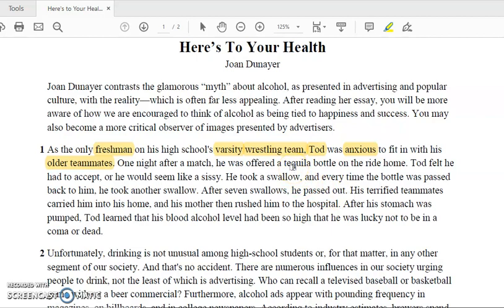Now, just looking through paragraph 1 a little more, a few other keywords that could have been circled. Let's look at also maybe the word tequila there. Maybe the word sissy a little below it. The word maybe terrified stands out. Of course, the word hospital down here, and also a coma.